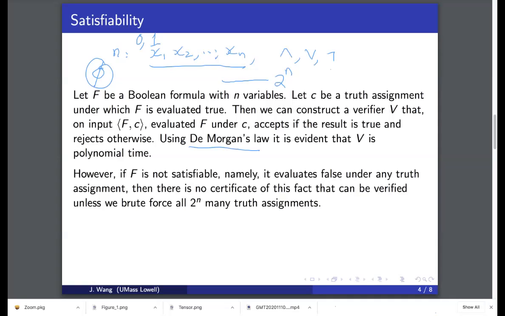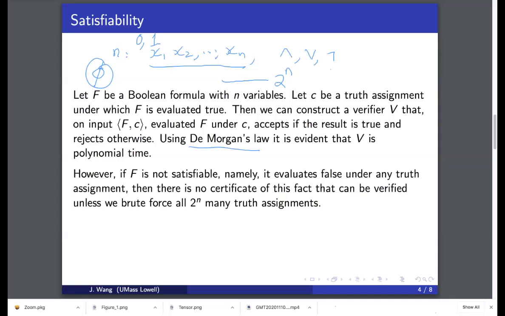Okay. Hence, we know that satisfiability is in NP because once you present a certificate, which is a truth assignment, I can verify whether that really made this Boolean formula true. I can verify that.